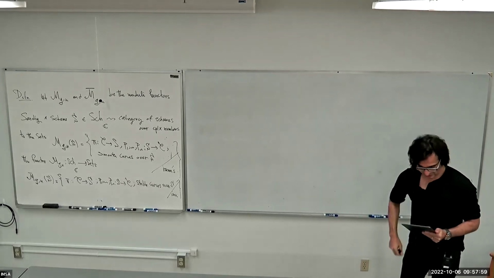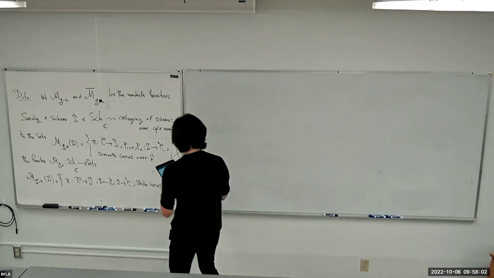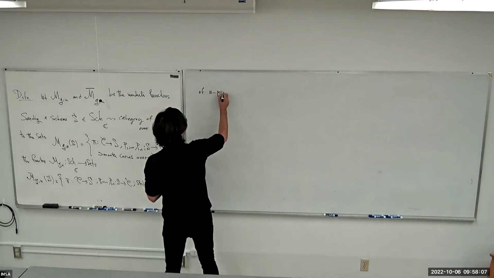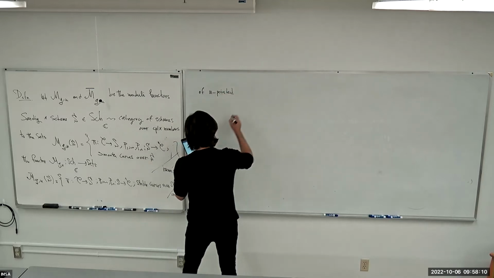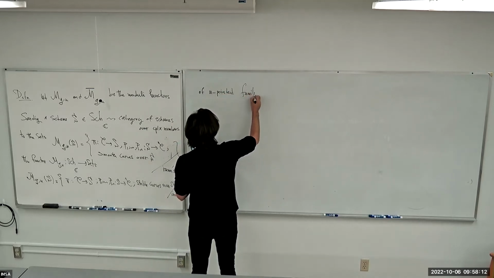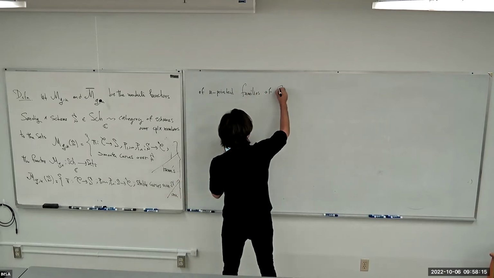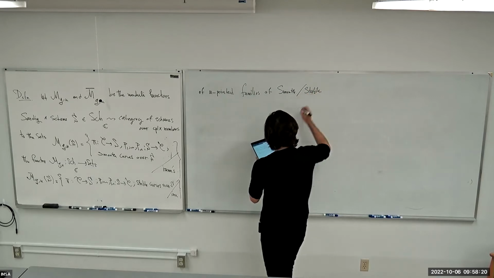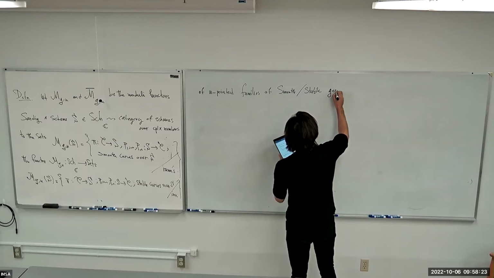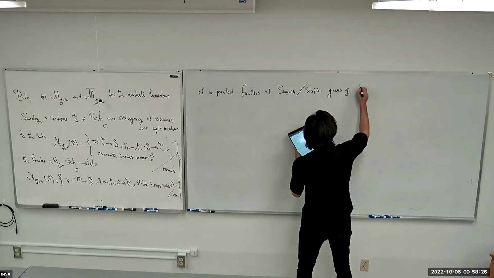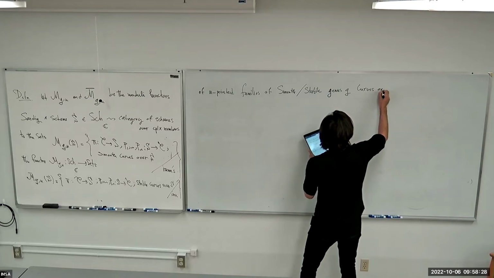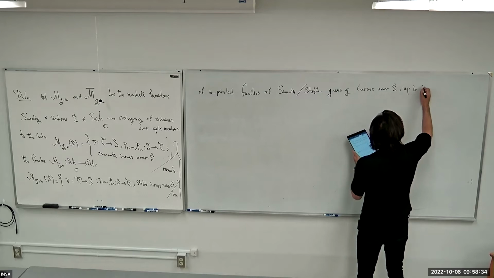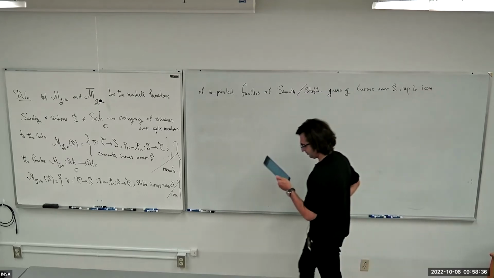So these are two moduli functors of n-pointed families of smooth curves in the first case and stable genus g curves in the second case over S, parameterized maps up to isomorphism.